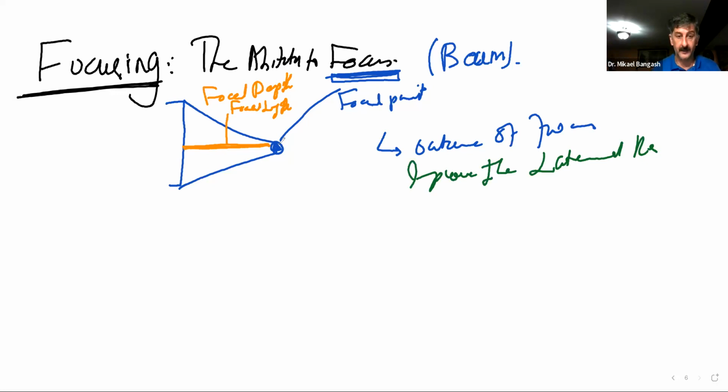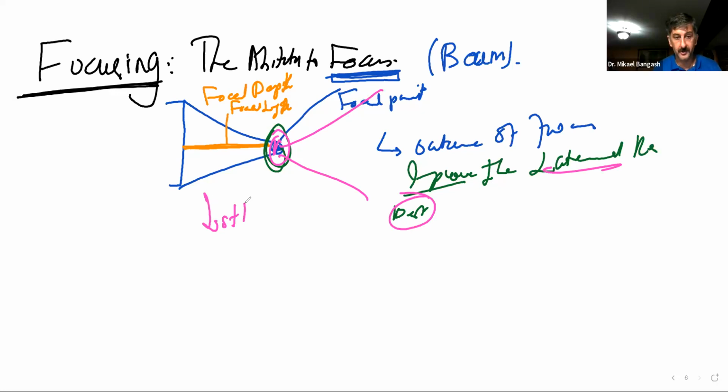At the depth at which we focused, we will have the best lateral resolution in the entire course of the beam, whether in the near zone or the far zone. The point where we will have the best lateral resolution would be at the focus. Why? Because that is where the beam had the lowest numerical value of lateral resolution.